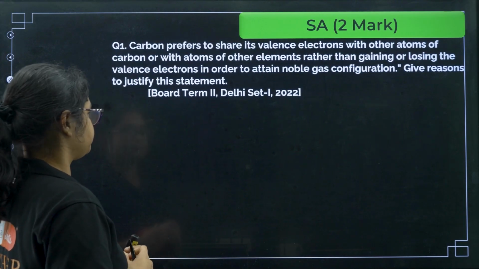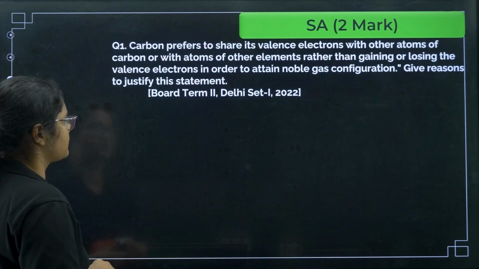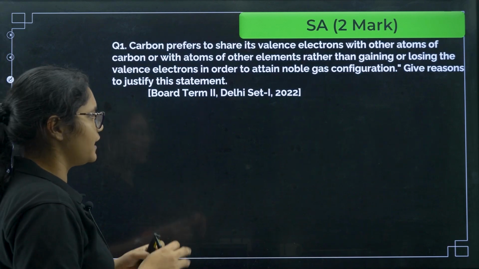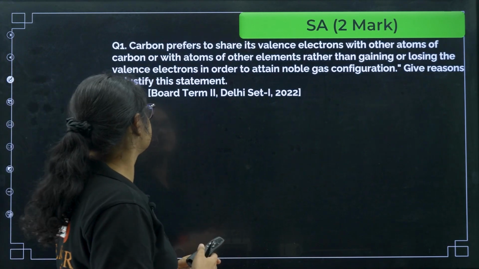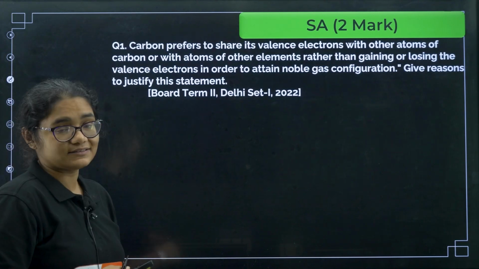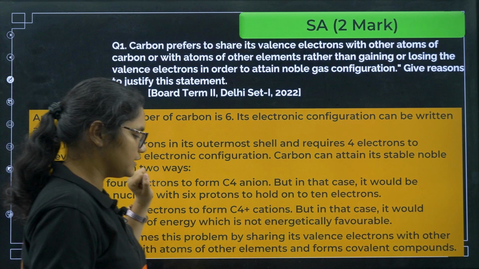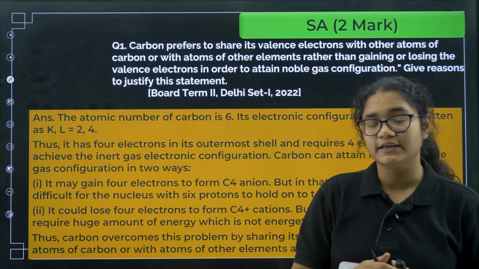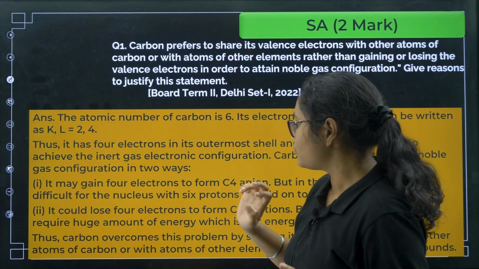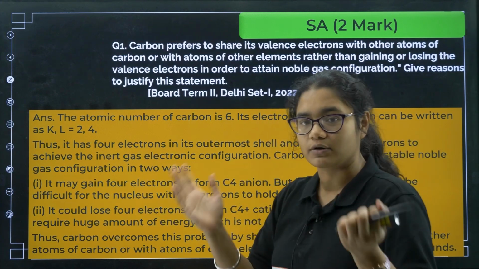Next, carbon prefers to share its valence electrons with other atoms of carbon or with atoms of other elements rather than gaining or losing valence electrons in order to attain the noble gas configuration. Give reason. Carbon could gain 4 electrons to satisfy the octet rule.